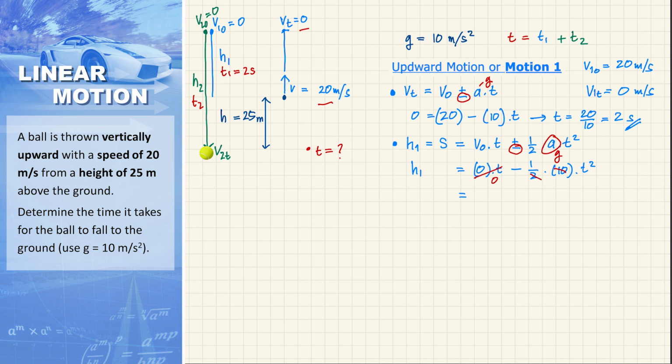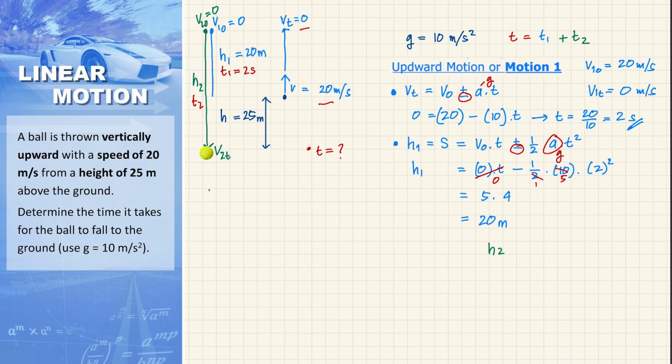If we calculate it, and we substitute the value of t1 that we already know, the result is, we find that the height of h1 is 20 meters. So, now we can calculate the value of h2. That is, 25 meters plus 20 meters equal to 45 meters.